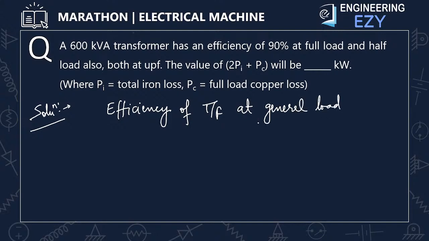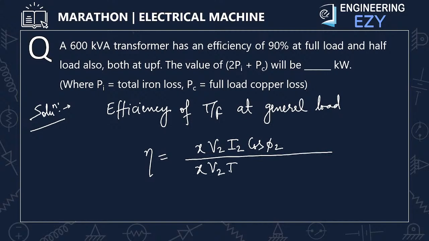If you calculate the efficiency at general load, eta is equal to x V2 I2 cos phi 2 divided by x V2 I2 cos phi 2 plus Pi plus x square Pc. I hope everyone knows this formula of the efficiency of the transformer at general load.